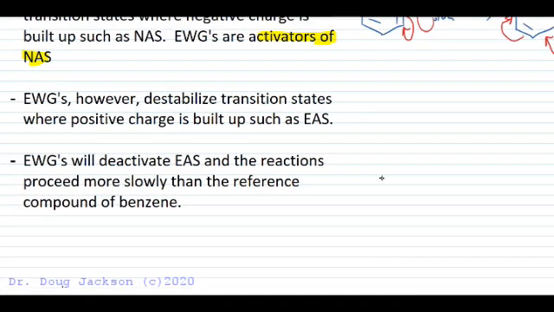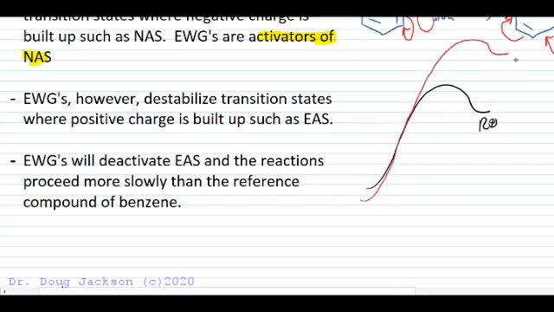So net, as we got to that next intermediate with the positive charge, by putting a withdrawing group on, you enhance that positive charge and thus raise the energy overall, making that positive charge much worse, and that ends up slowing the reaction down. We would call an electron withdrawing group a deactivator of electrophilic aromatic substitution.